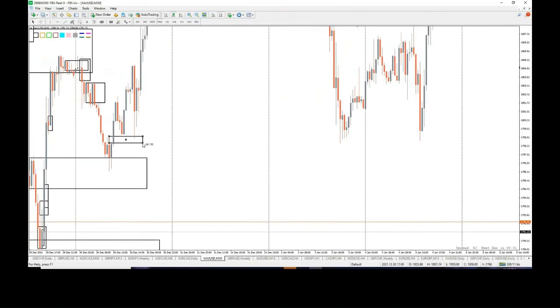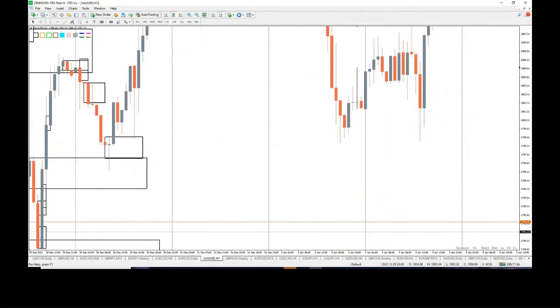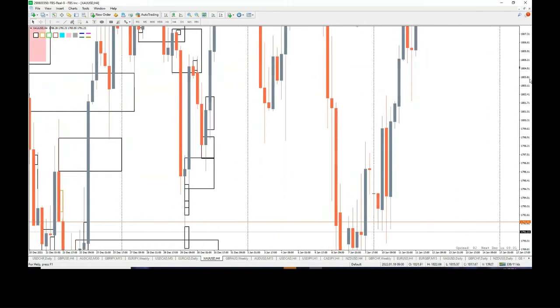Okay. And that's an H1 zone, so you'd be going up to the next H1, like this. This is confirmation for buy also. This is H4, right?